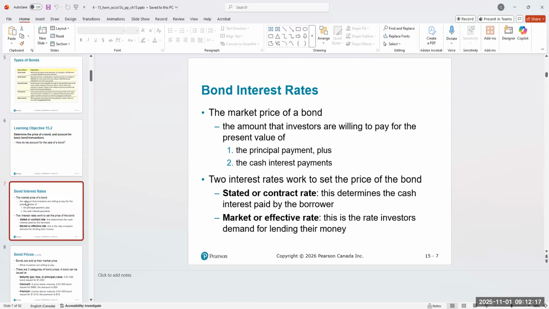Now we have two scenarios. In order to compare, we have to see what the effective market rate is. The market or effective rate, or effective market rate, is the rate at the time when the bonds are issued, versus the interest rate the bonds are paying. There's most likely always going to be a difference, because the market fluctuates, and once the bonds are issued, you cannot go back and change the interest rate.